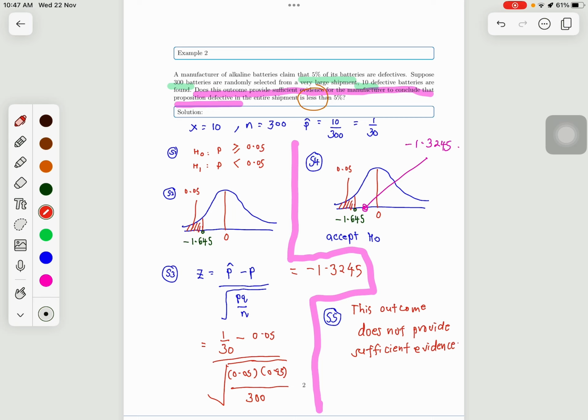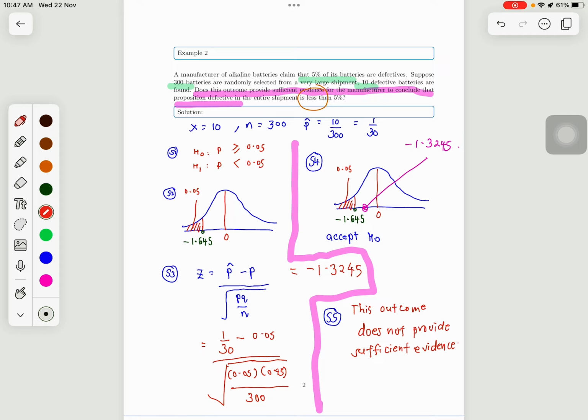Okay, for me that's enough. But you are allowed to write until the last word, right? So yeah, we finish the hypothesis test for one population proportion, right?